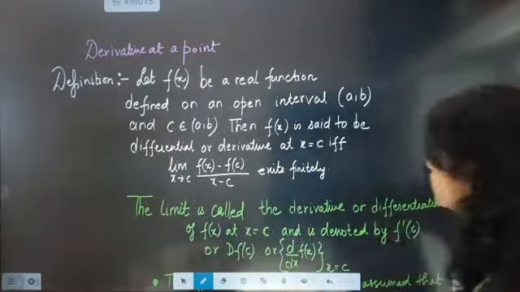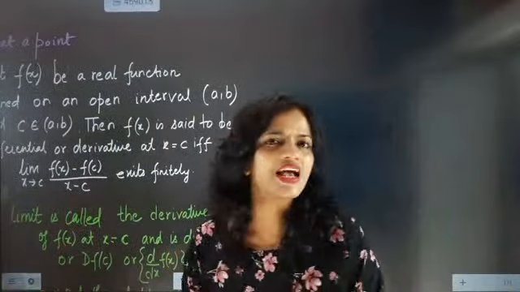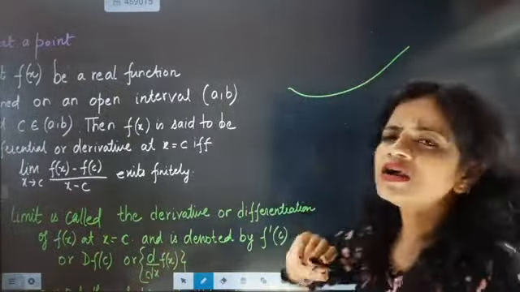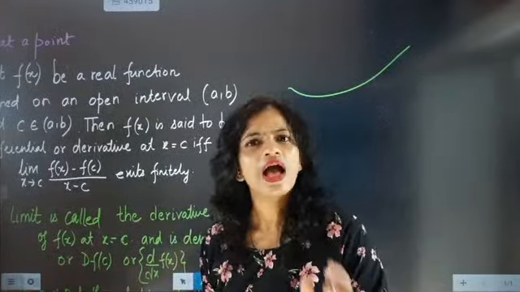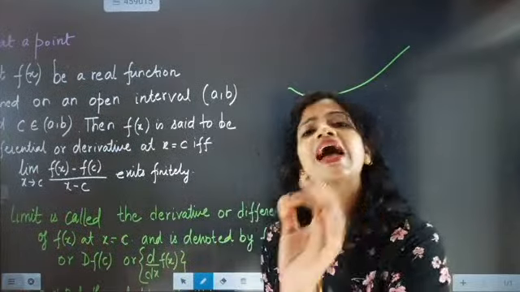So first we have to understand what limit says about it. What is exactly called a limit? Limit means if any function is given, a curve is given to you, and I want to check the limit in an open interval or the limit at a point.